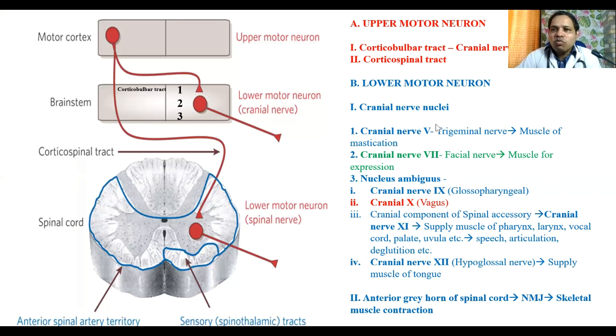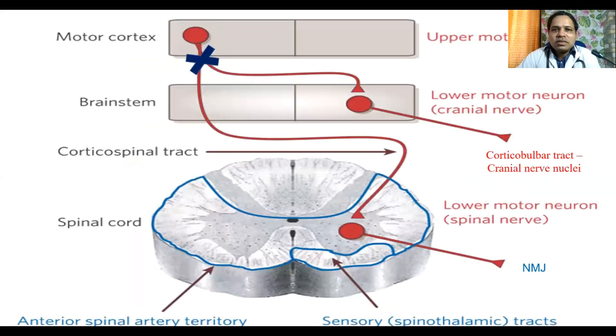If there is any lesion, what signs and symptoms are we going to get? First we'll start with the upper motor neuron lesion. Where would the lesion have occurred? You may get the lesion in the corticobulbar tract, upper motor neuron 1, or you may get a lesion in the corticospinal tract, upper motor neuron 2.